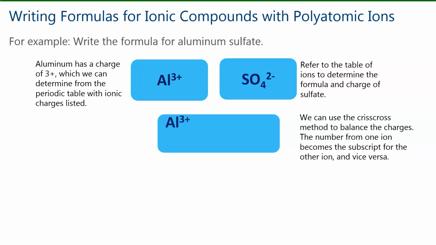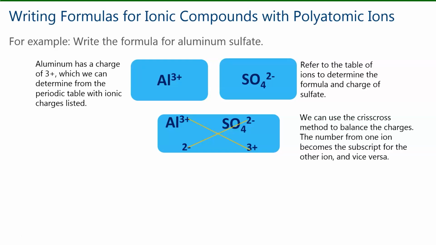We'll write down our 2 ions, so we have aluminum and sulfate, and then we take the charge on aluminum and we place it underneath sulfate. That's going to become the subscript for sulfate. Then we take the charge for sulfate and write it underneath aluminum, and that's going to become the subscript for aluminum. So aluminum is going to have a subscript of 2, and sulfate is going to have a subscript of 3, and we need to remember to put our polyatomic ion in brackets.